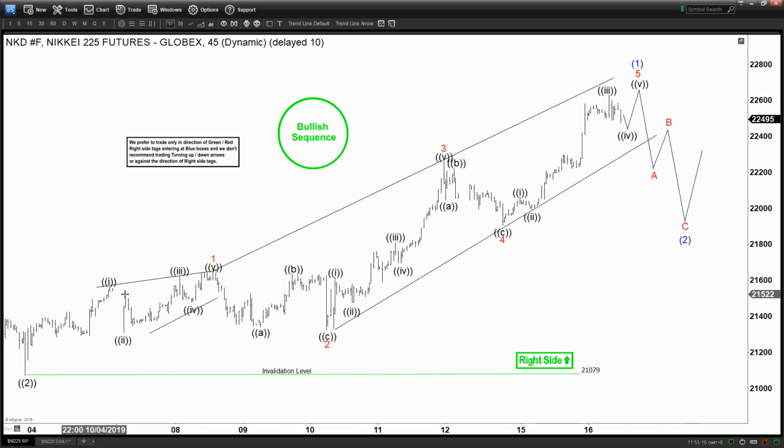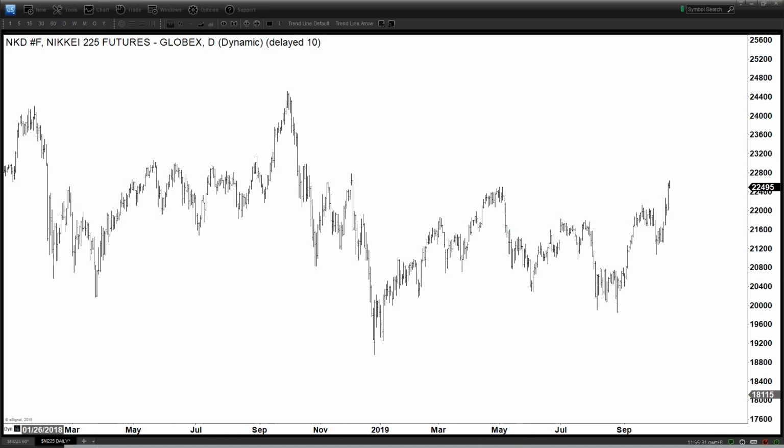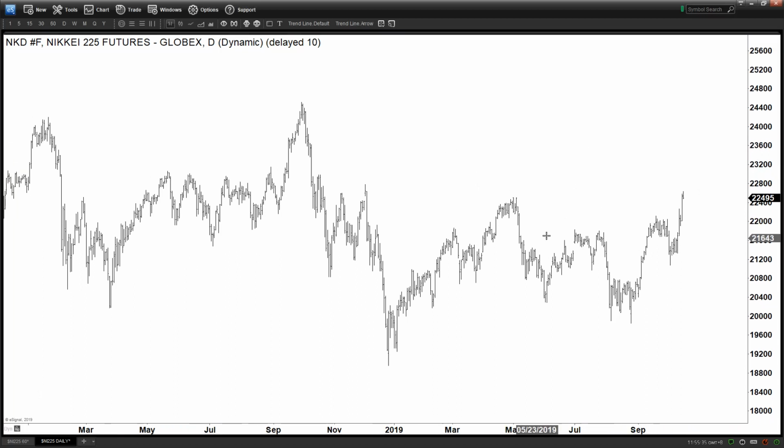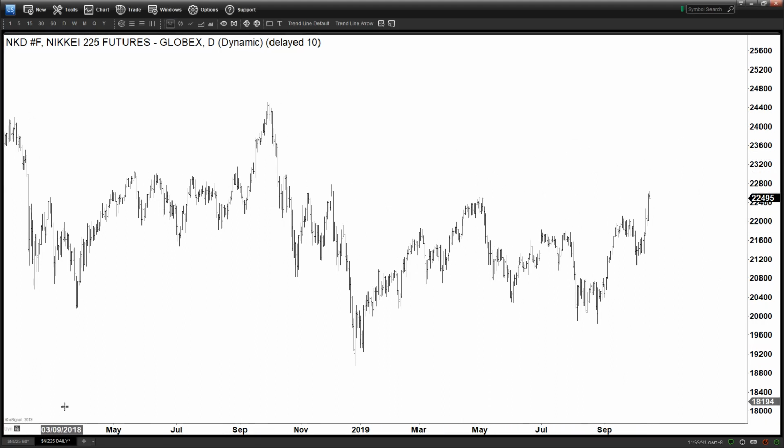Now, looking at the larger degree, this is the daily chart here. There are no labels on the larger degree, but we can take a look at it and figure out some of the key ideas from here.